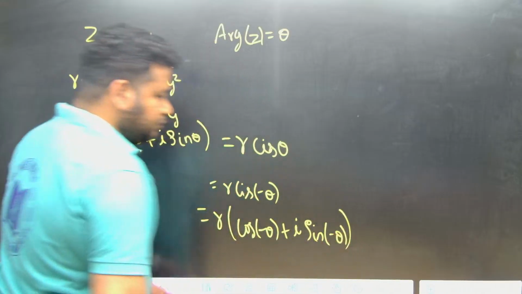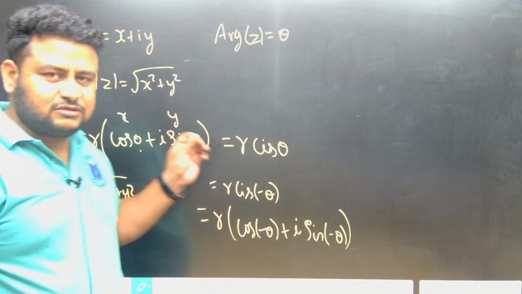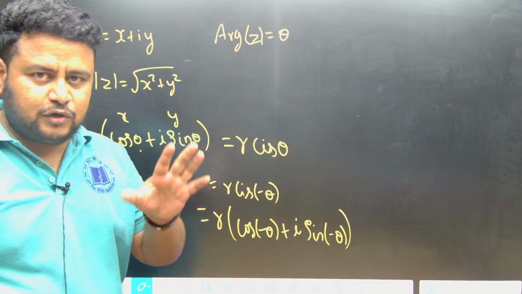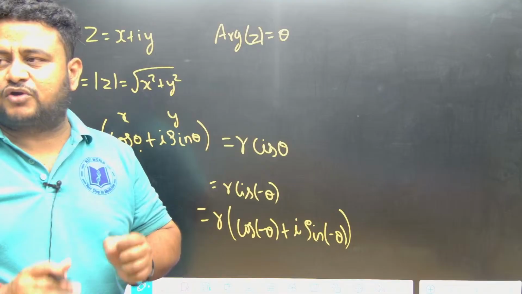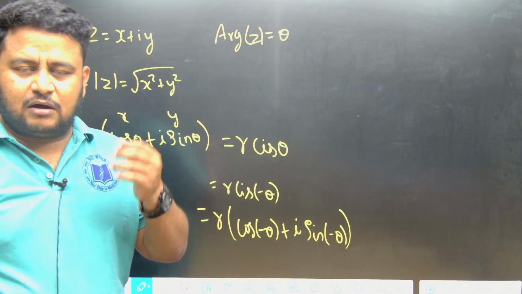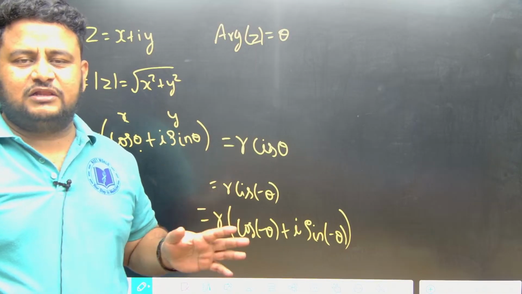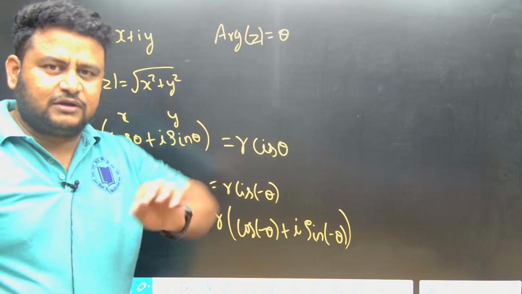Now I told you while discussing trigonometry, the trigonometric values of negative angles: cos will observe the negativity, so cos of a negative angle will become cos theta itself. Sin of a negative angle, tan of a negative angle, cosecant, all these will throw out the negativity.